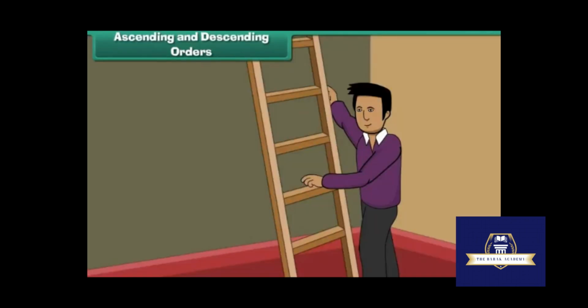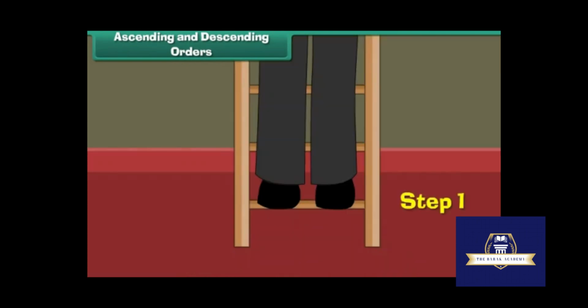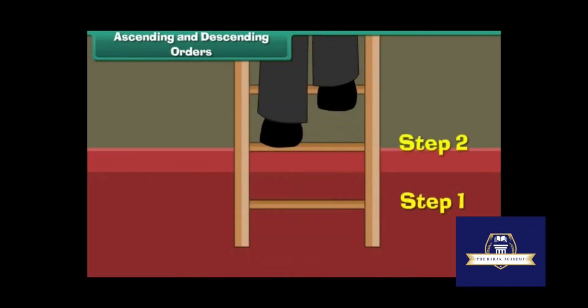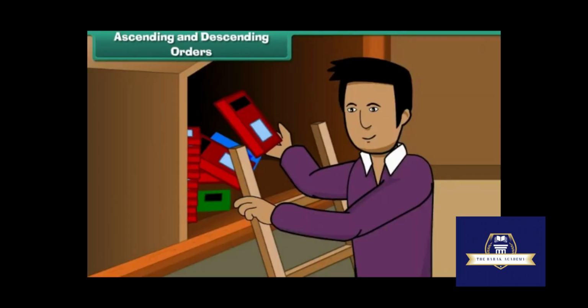Ascending and descending orders. Mohit's father climbed up the ladder to search for a book in the attic. He moved up from step 1 to step 2 to step 3 till step 10. He found the book.